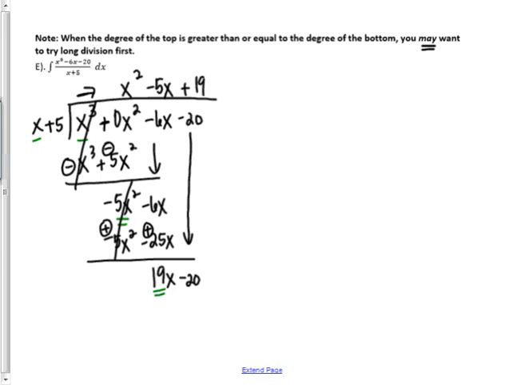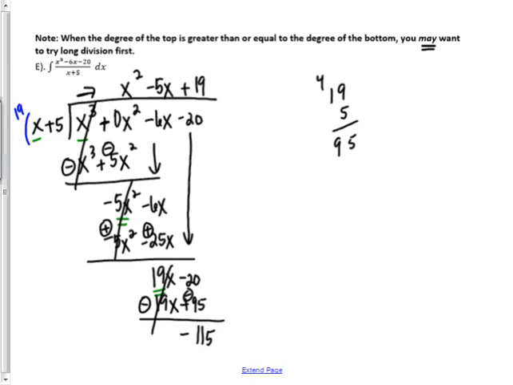So that's what I'm going to multiply. So distribute that 19, and I get 19x plus, I don't know, what is 19 times 5? 95. Draw a line, change your signs on the bottom, and I get negative 115.